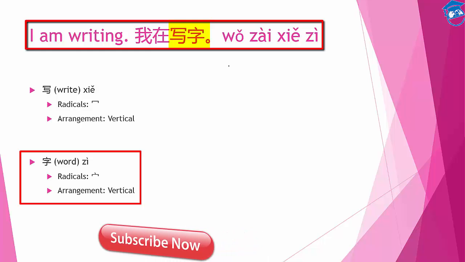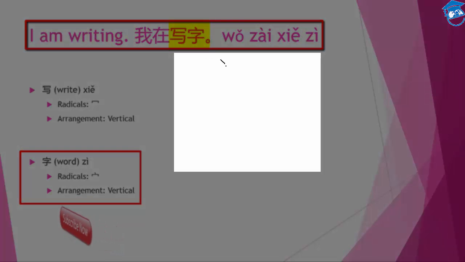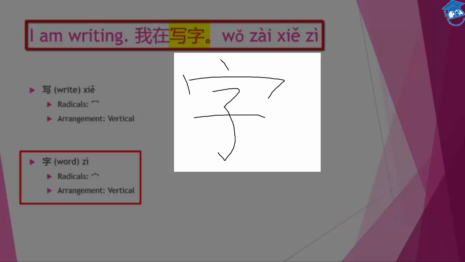And this is how I write 字. 1 2 3 4 5 6. This is 字, word, and it's more towards written words.